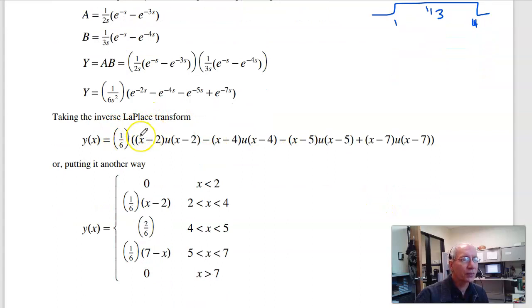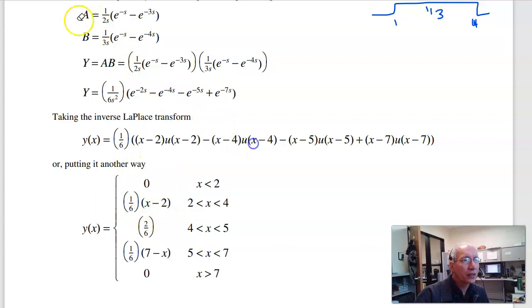So there's your answer. Another way to write it is for x less than 2, all the u's are turned off, so you're 0. At 2, this one turns on, so I get 1/6 times x minus 2.